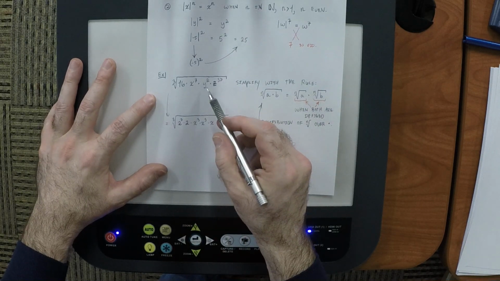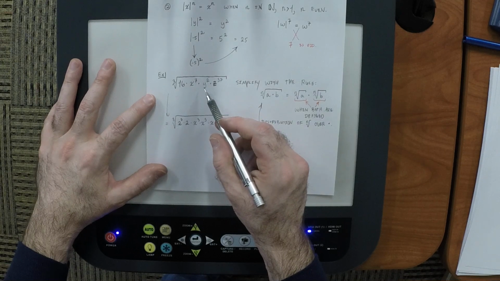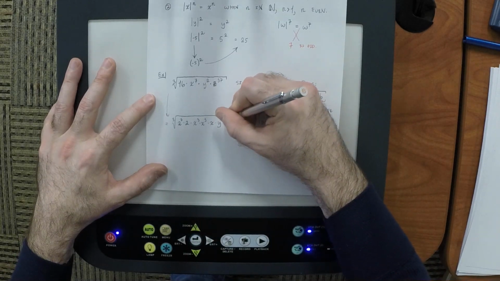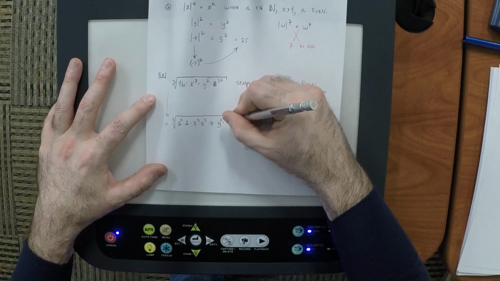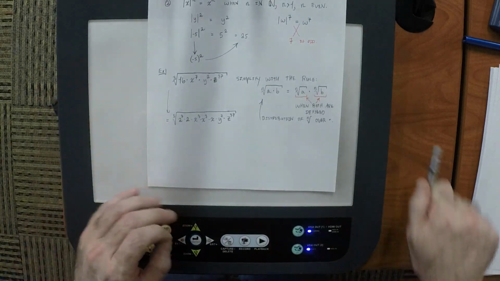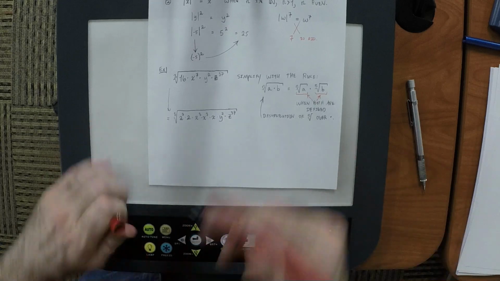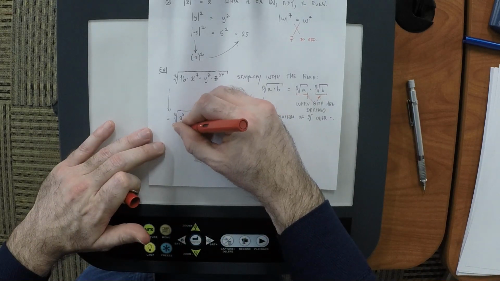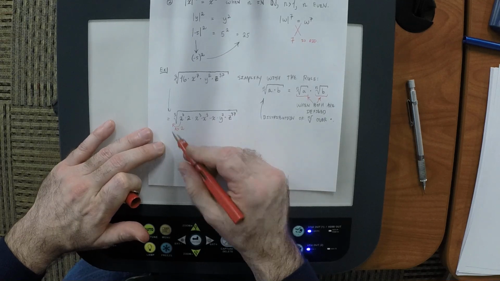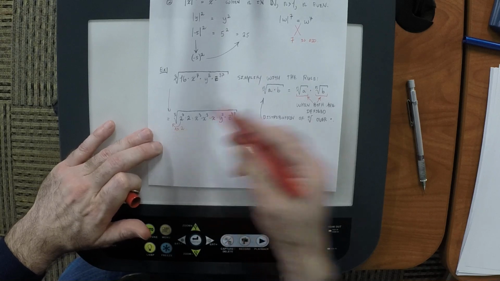And how many groups of size 3 can we make from 2 bananas? None, right? Can't make any groups. So that's y squared, and I'll leave the z's for a later step. What I want you to observe is that triplet of 2's can come out as a 2, that triplet of x's can come out as an x, and that other triplet of x's can also come out as another x.